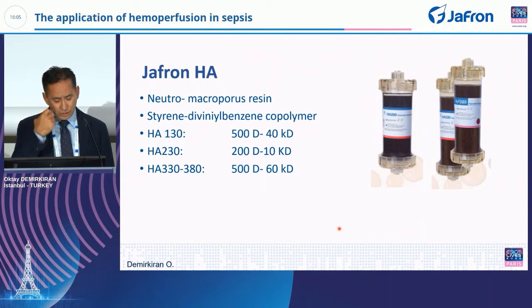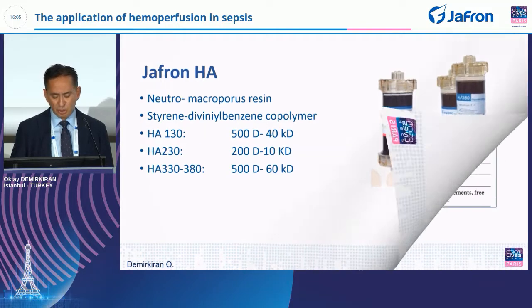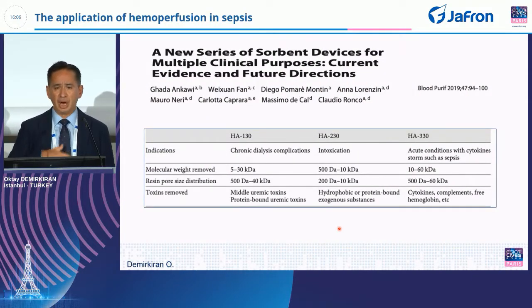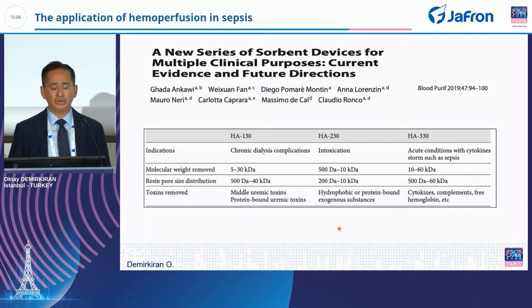Jafron neutral microporous resin, which is a styrene divinylbenzene copolymer, comes in 3 different types: HA130, 230, and 330, 380. There are different indications.